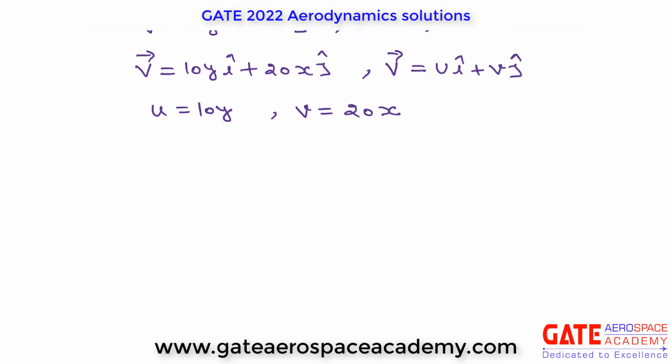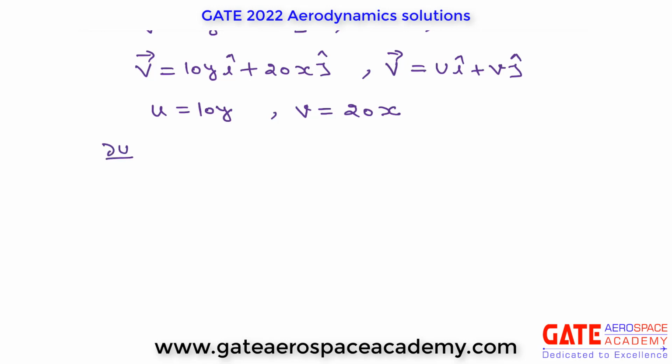Now in class we have studied the momentum equation in x direction, y direction, z direction, that is the differential form of the momentum equation. So let's write the momentum equation in x direction. In class we have studied in 3D, here we will be writing in 2D only because the given problem belongs to 2D flow. So what was the differential form of the momentum equation in x direction?